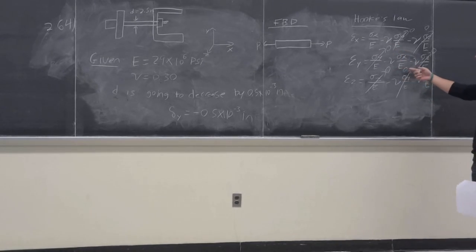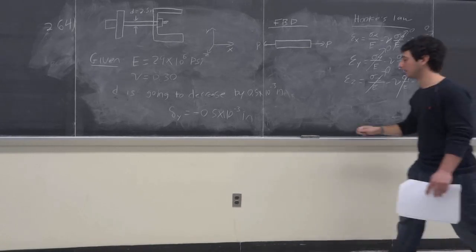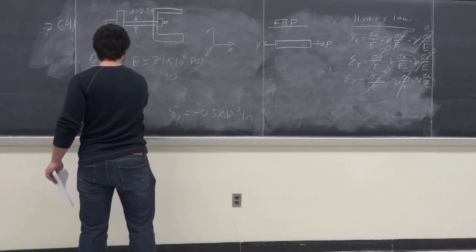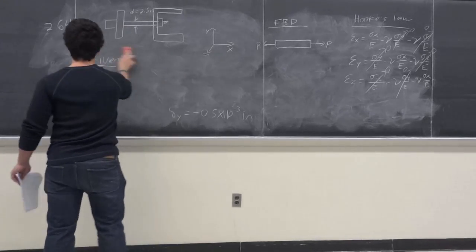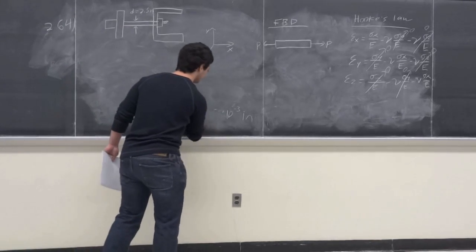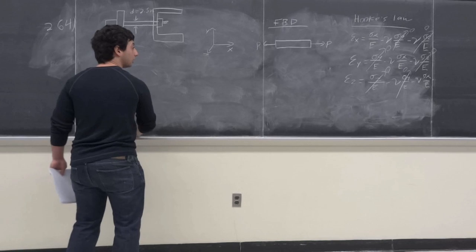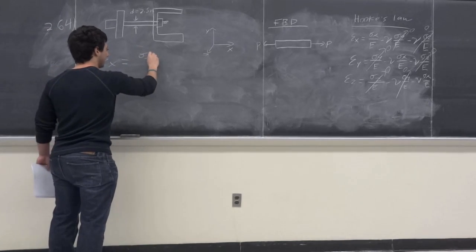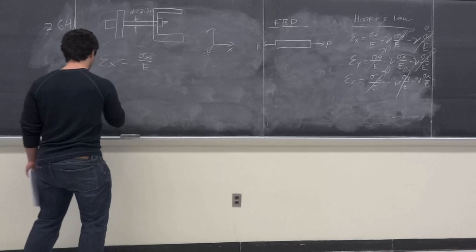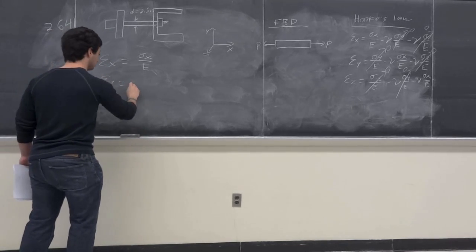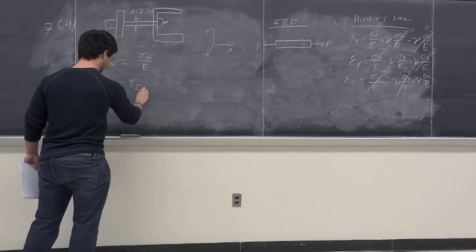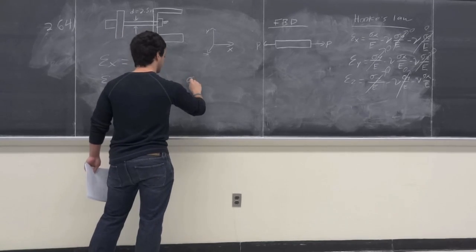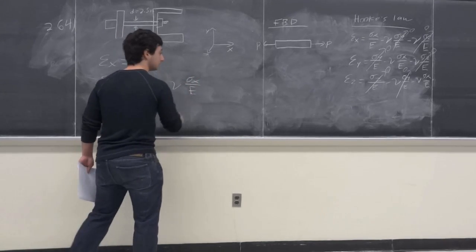Maybe I should rewrite it because it's going to be hard to see. I'll rewrite it because I got one more problem and I got enough time. So epsilon x in that case is sigma x over E. Epsilon y is equal to epsilon z, they're equivalent, is equal to minus mu epsilon x over E. You guys agree?